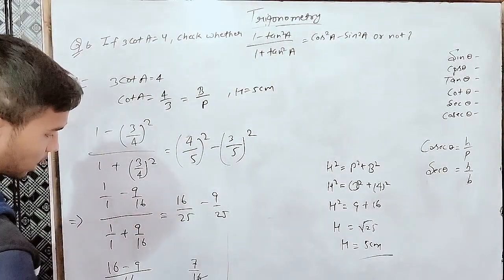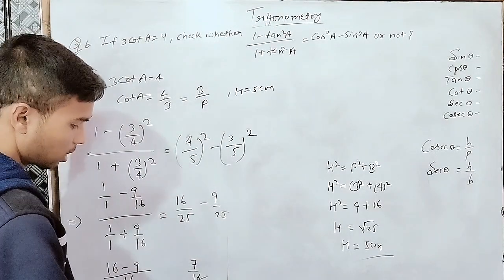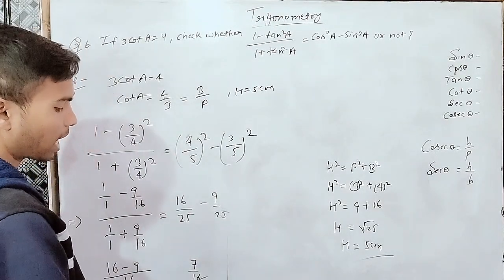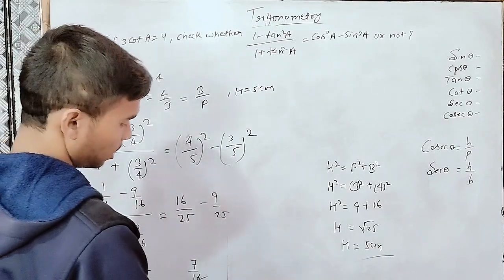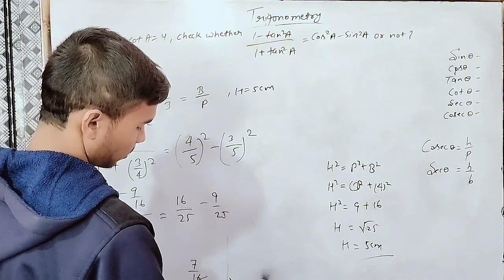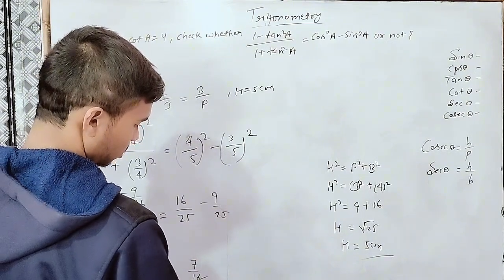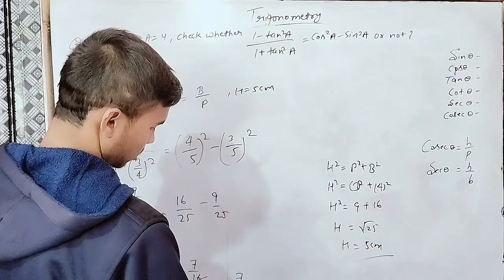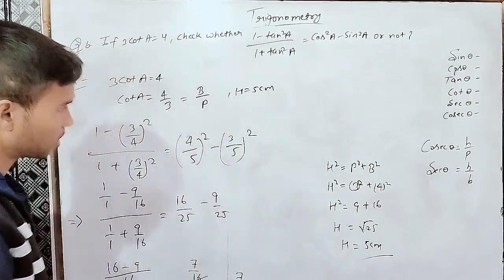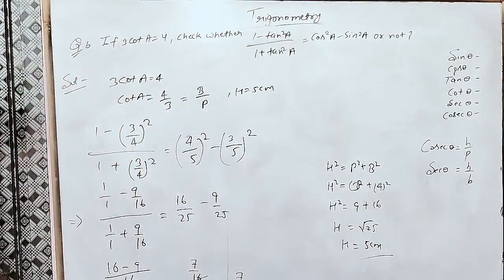The 16s will get cancelled. Now we have 7 by 25. Is it right or not?